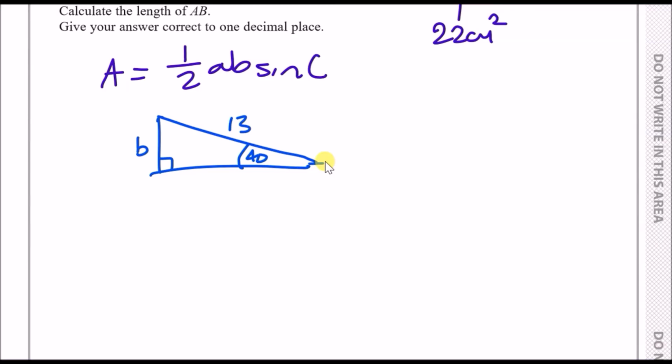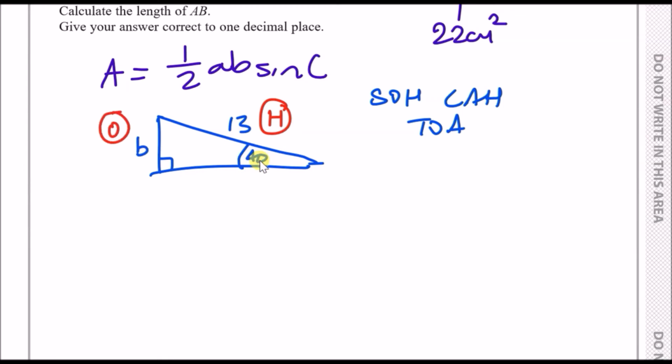Now, to solve this easily, use SOH CAH TOA. According to SOH CAH TOA, we just need to label the corresponding sides. So first things first, we can see that 13 is the hypotenuse, and the hypotenuse is always the long diagonal side. The length opposite the angle is just called the opposite, O. And that's all we need. We don't necessarily need the adjacent, which is over here, because we just need the two things we're dealing with.